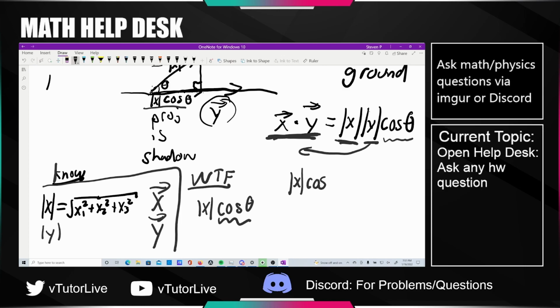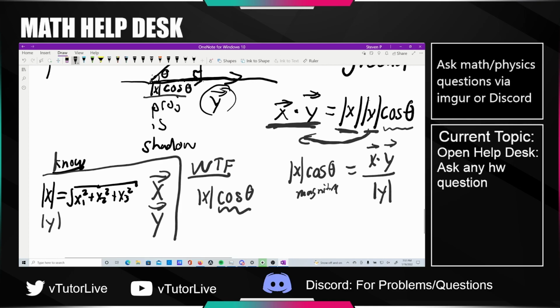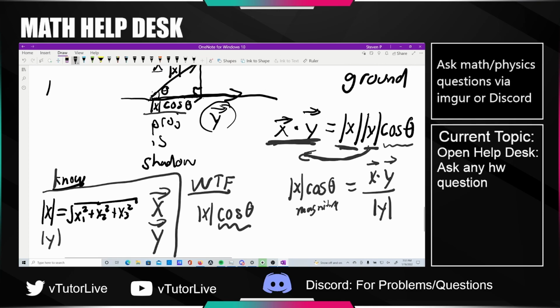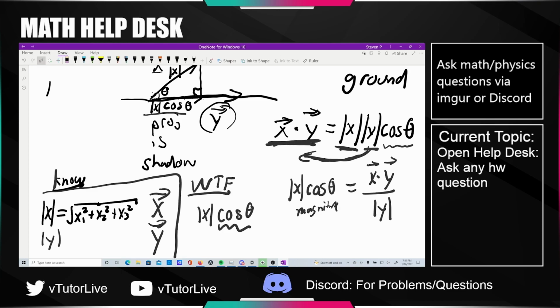We said x cosine theta was the magnitude of the shadow of the projection. And that's just x dot y over the absolute value of y. That's just moving this over via division. And remember, magnitude is literally a straight up number. But the question is asking for a projection, which by their definition is a vector, which means it's a magnitude and direction.